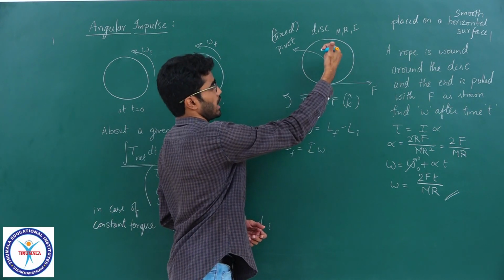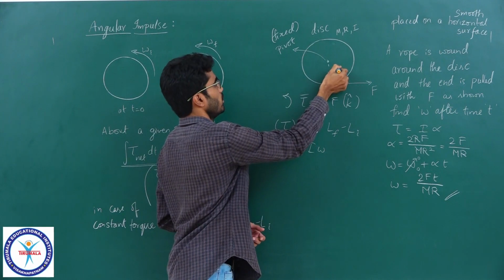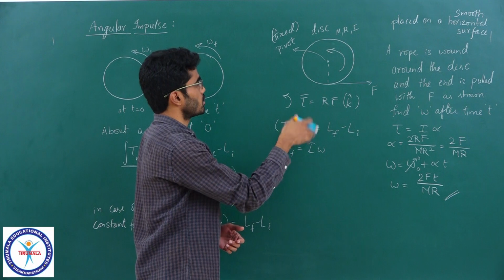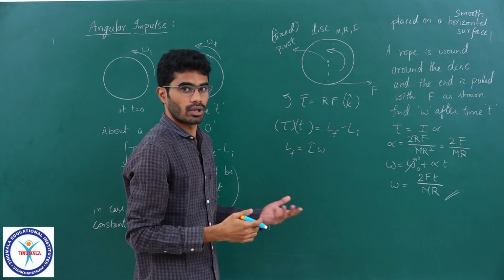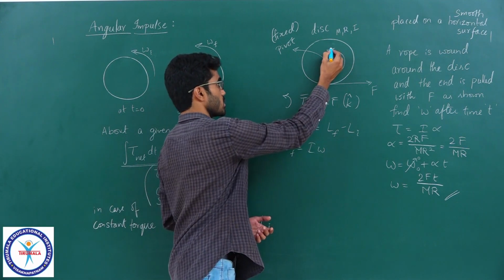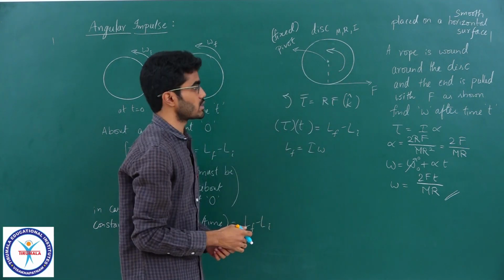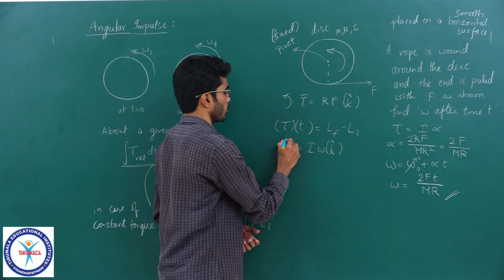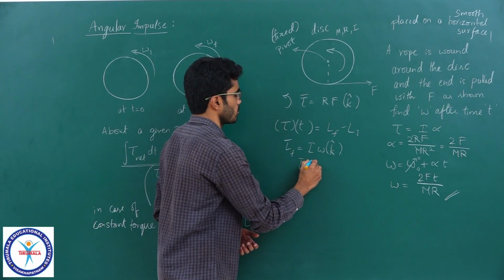Since the torque is anti-clockwise, it will get angular momentum in the anti-clockwise sense. The torque is anti-clockwise, so the final angular momentum will also be anti-clockwise. Initially it was at rest, it starts to rotate in the anti-clockwise sense. So this will be I omega k cap, and L initial is 0.